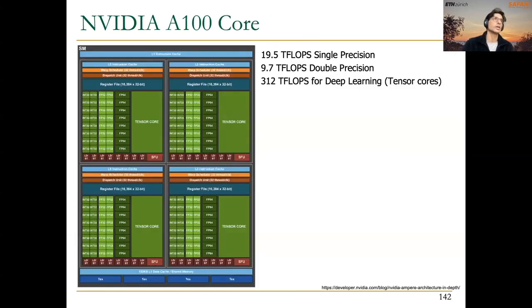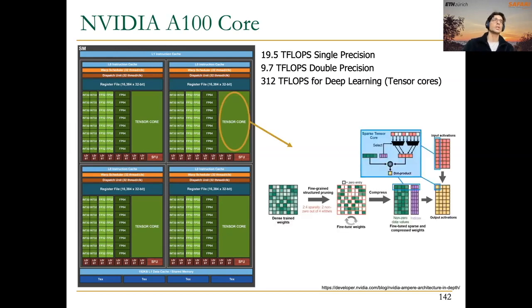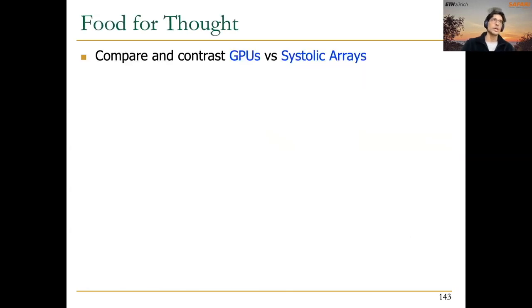But if you take a look at the internals of the A100 core, you will see that it's also quite similar to the V100 core. One of the key differences is in these tensor cores, which now have some way of pruning, of getting rid of some of the weights, and this way save multiplications and have more efficient execution. So this is almost everything for today.